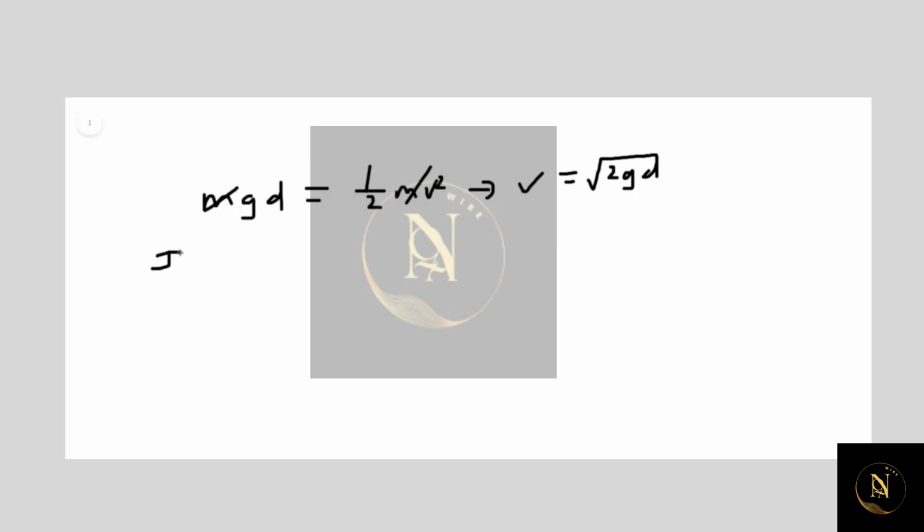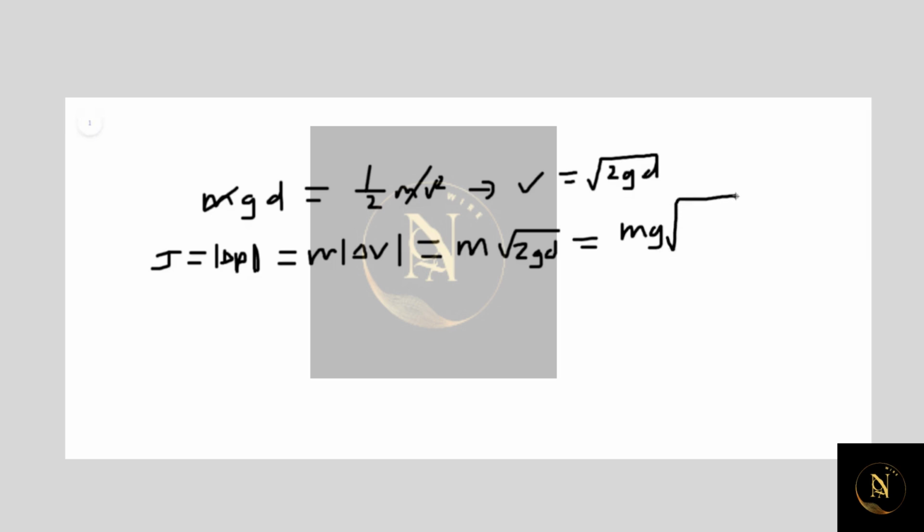So the impulse, J, is given by delta P is equal to m delta V. Plugging in the value for V, this is m times the square root of 2gd, which is equal to mg times the square root of 2d over g, which is equal to W times the square root of 2d over g, where W is the weight of the floors.